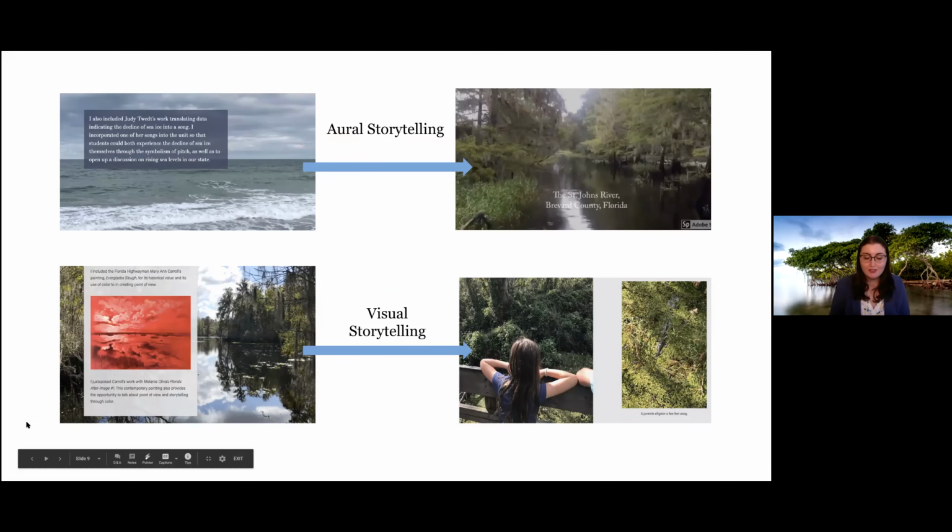I included a short video examining the relationship between the ecological concept of interdependence and the idea of intertextuality at the start of my essay. The construction of my video was inspired by Judy Twedt's song, The Sonification of Sea Ice, which I included in my text set for the inquiry unit. In this song, she translates data on the decline of sea ice into a song using pitch and rhythm.